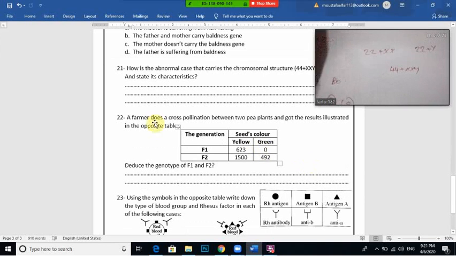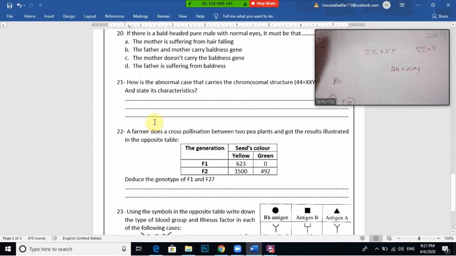Number 22. A farmer does a cross-pollination between two pea plants and got the result illustrated in the opposite table. After the first generation, he got 623 yellow individuals and 0 green individuals, which means that he got 100% yellow individuals. In the second generation, he got 1,500 yellow individuals and 492 green individuals, which means approximately a 3 to 1 ratio.